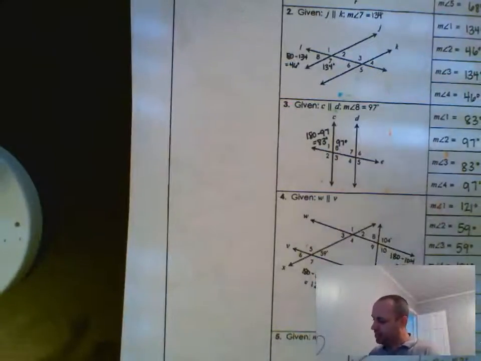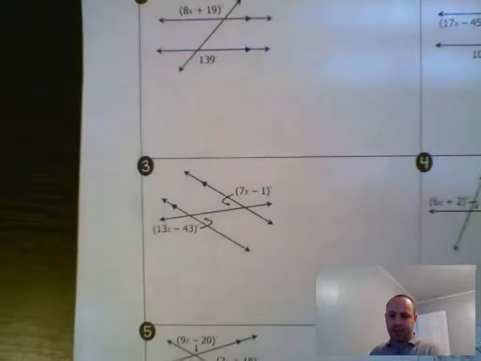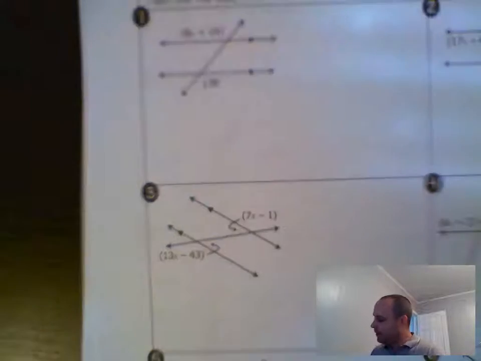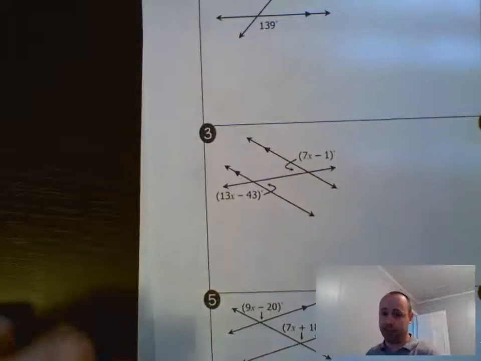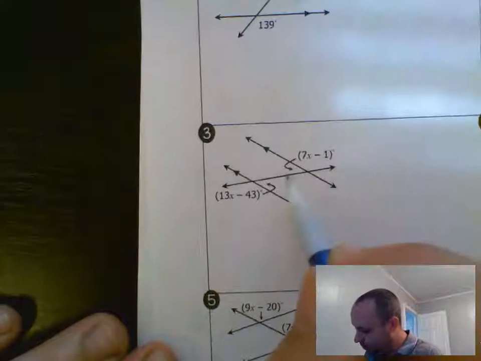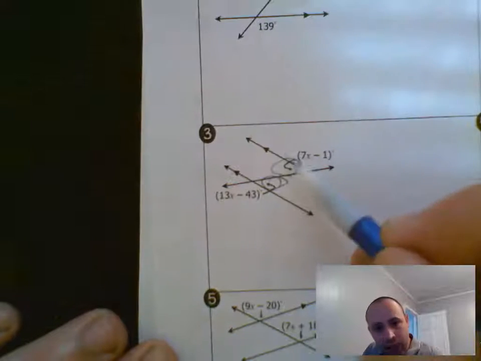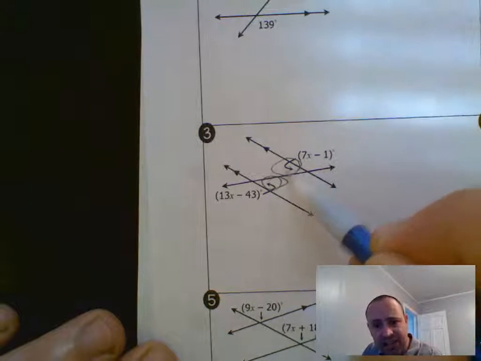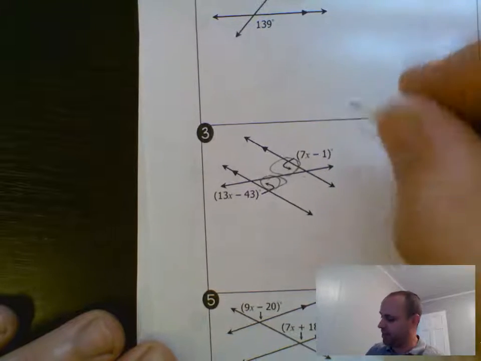But then you're going to get into some things like this, kind of what we did the other day. First, you're going to have to figure out what their vocabulary term is. In this case, you have this one and this one. They're inside the lines, so they're interior, but they're not consecutive, they're alternate interior.